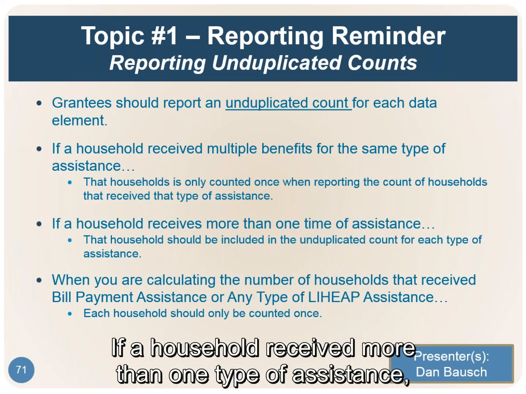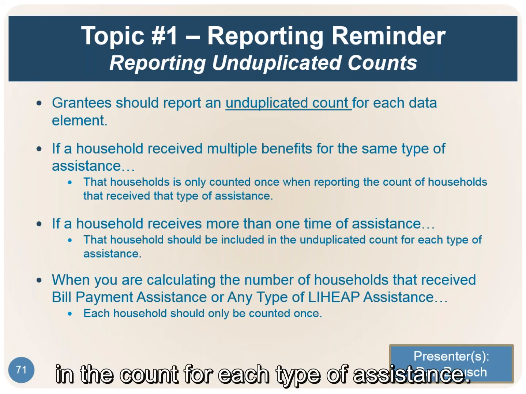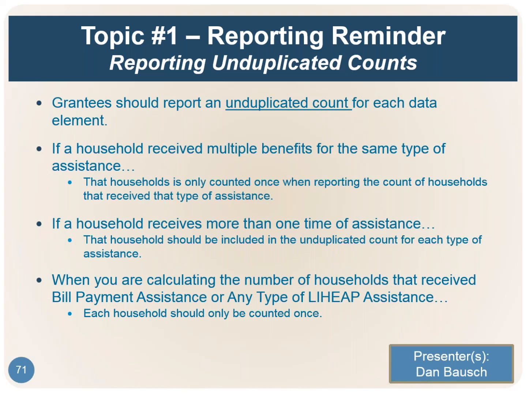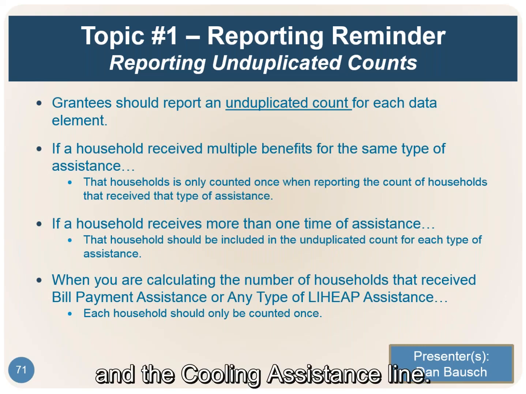If a household received more than one type of assistance, that household would be included in the count for each type of assistance. So if my household received heating and cooling assistance, it would be counted in the heating assistance line and in the cooling assistance line.